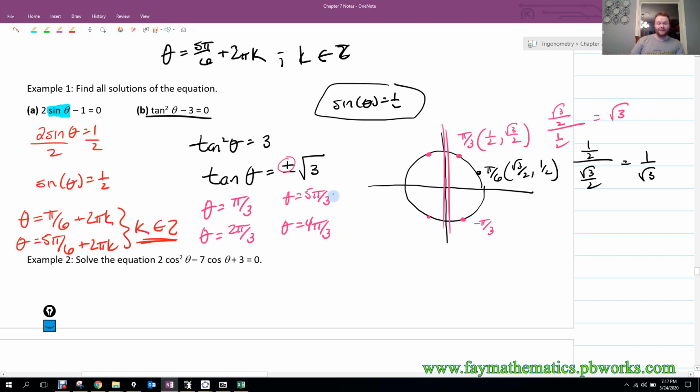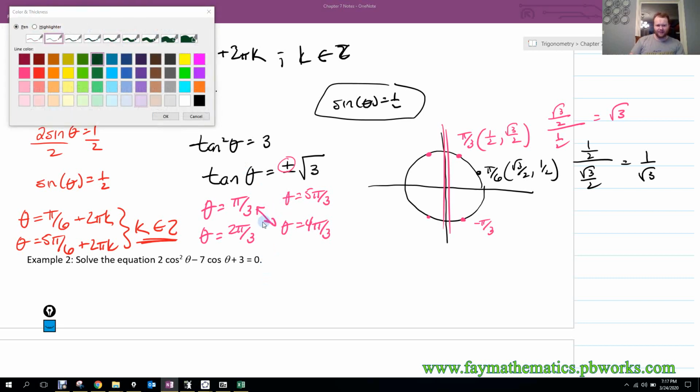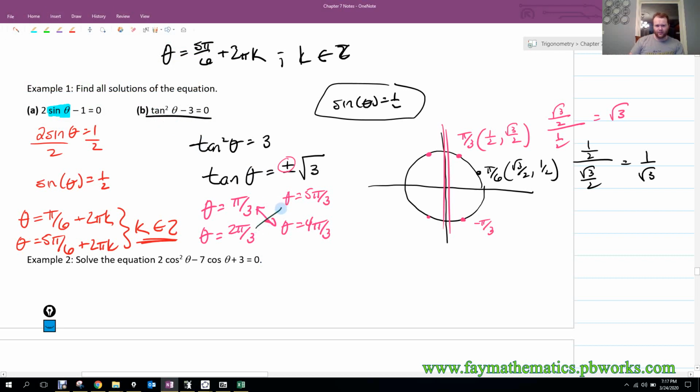What is nice is these two actually are, when we talk about the infinite solutions here, duplicates. Same thing for those two. So if I start with theta equals pi over 3, and I want to add to it its period, pi, times k, again, where k is an integer.